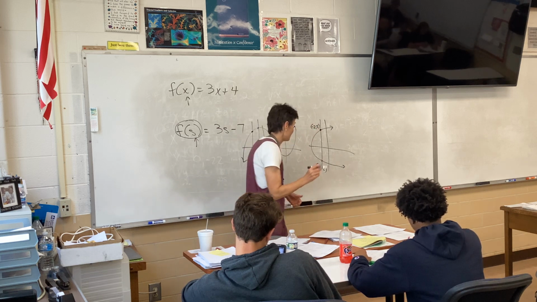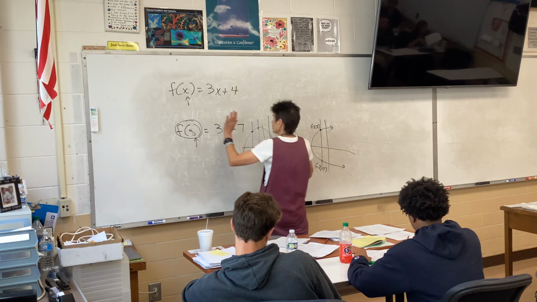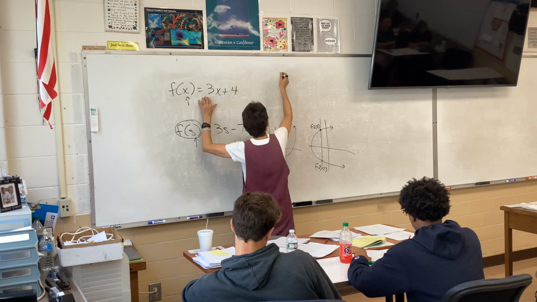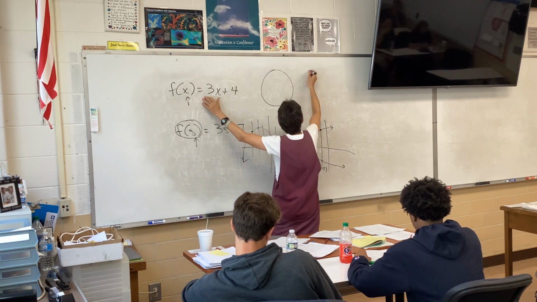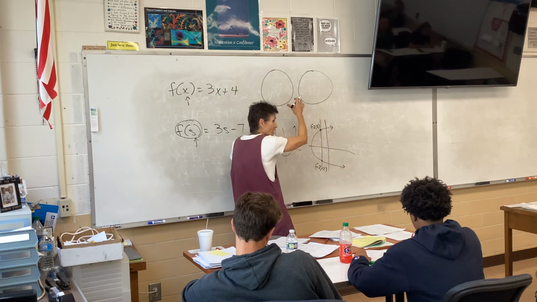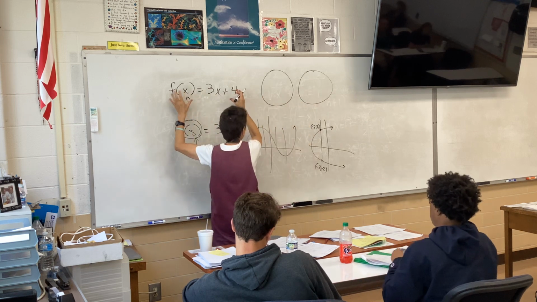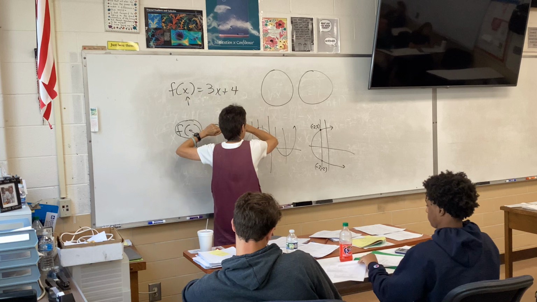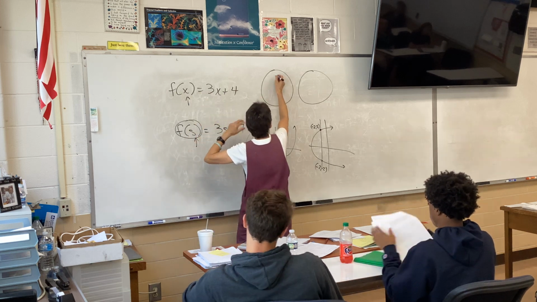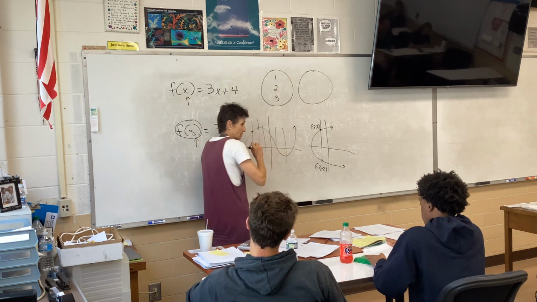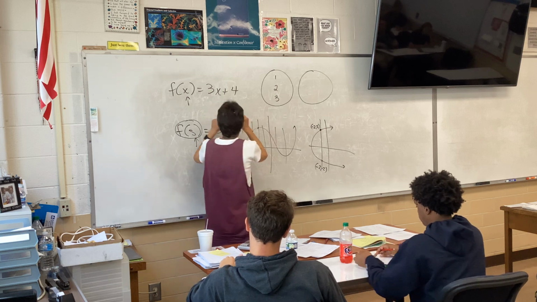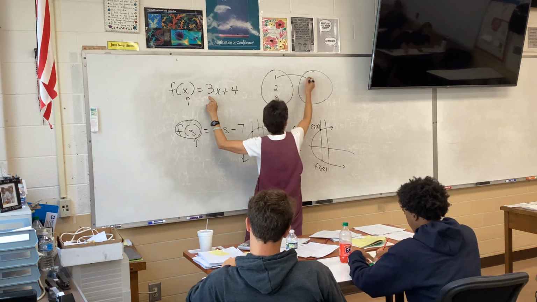All right, a mapping. Last year, did you guys ever describe your functions with what we call a mapping? It looked like this. So let's say this is my function, and my domain is 1, 2, 3. If I plug 1 in, I get 7.